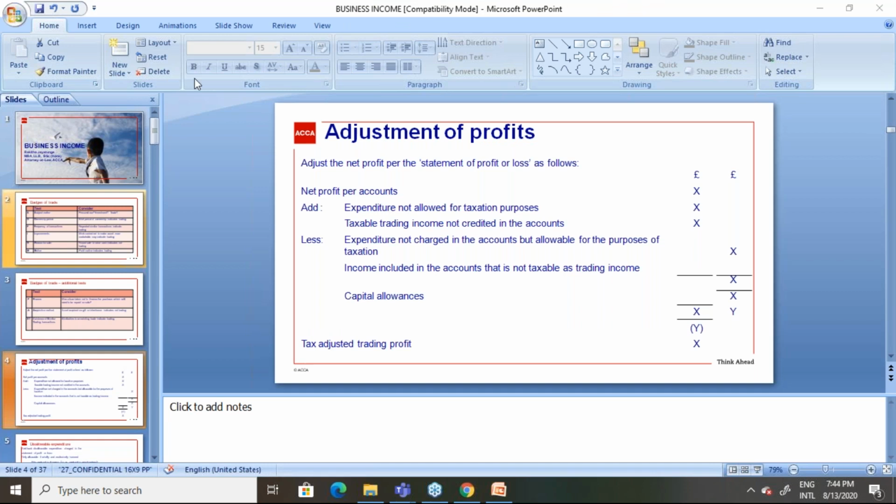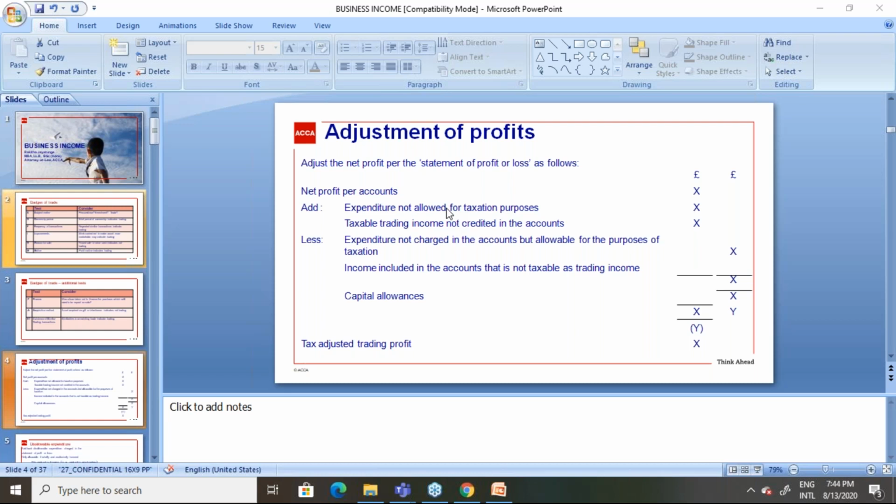Then the next thing is, if you have identified it as trading, then you are required to calculate the profits that you have generated from trading. The important thing that you need to understand here is that the accounting profit is different from the profit that we use for the purpose of taxation.